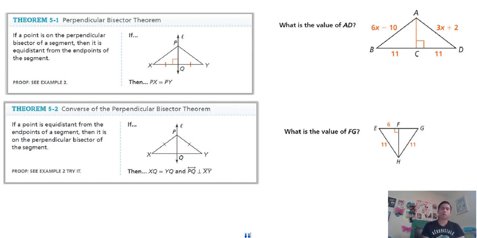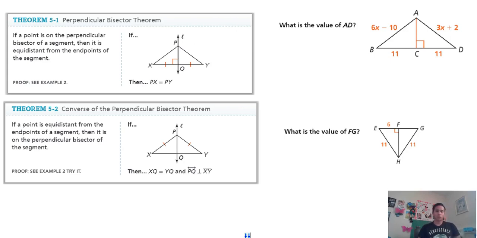The first theorem is the perpendicular bisector theorem. I'm going to read and quote it: if a point is on the perpendicular bisector of a segment, then it is equidistant from the endpoints of the segment.